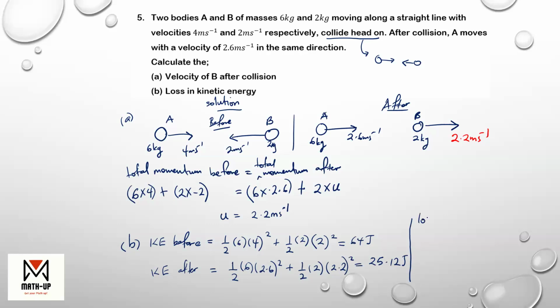So the loss in kinetic energy is equal to 64 minus 25.12, and that is going to give us 38.88 joules as our loss.